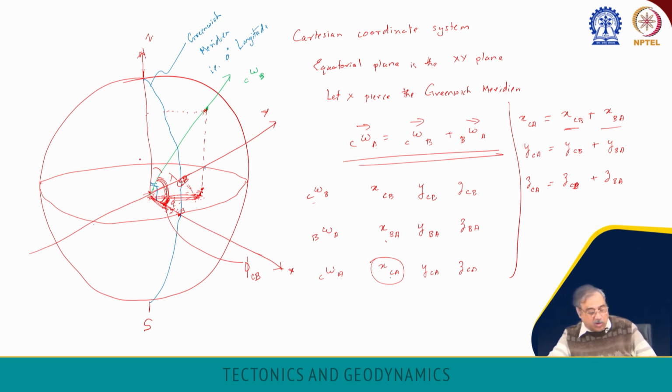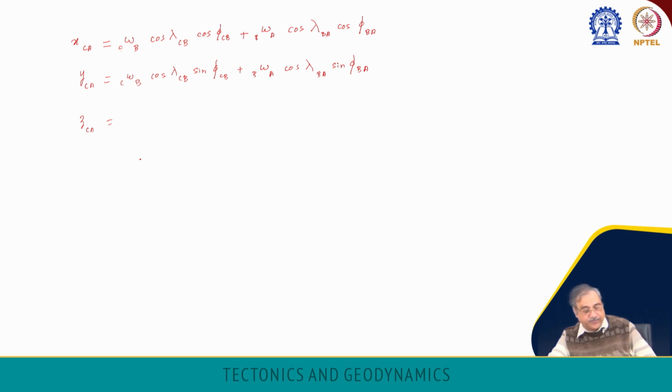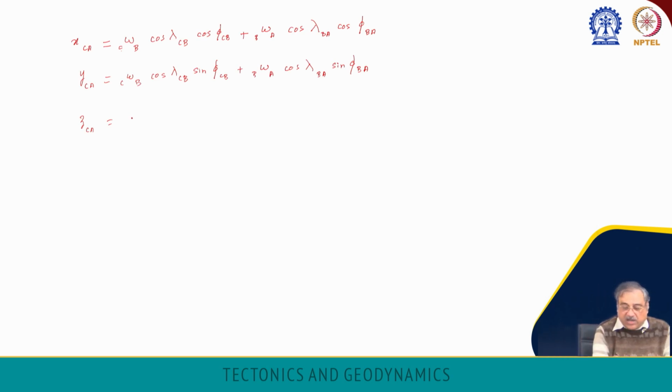So for each of these cases, ZCA would become omega BC sine of lambda CB plus omega BA sine of lambda BA.